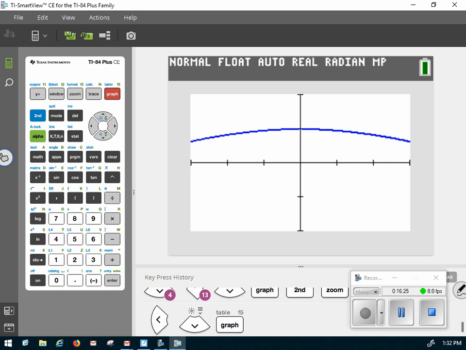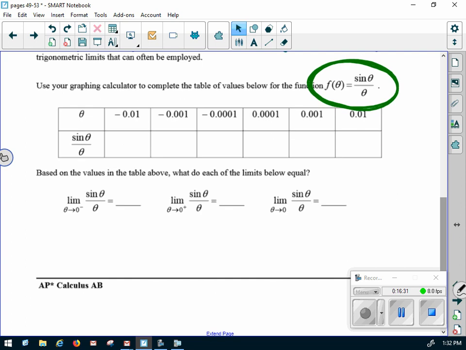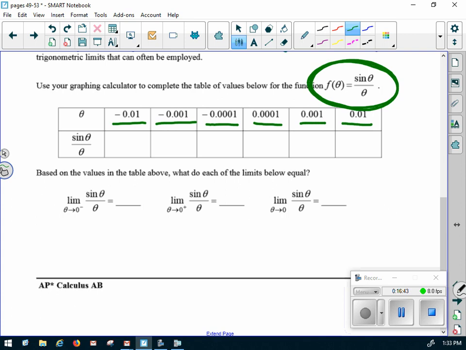Now, on your notes, I want you to notice, here's what it's asking you to do. It's asking you to find the y value when x is each one of these. Now, we don't have time to find them all, but I want you to find at least a few of them.